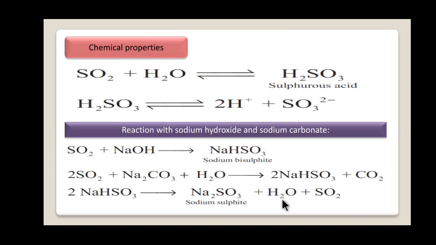It dissolves in water to give sulfurous acid. When sulfur dioxide reacts with water, it gives sulfurous acid, which dissociates to give H+ and SO3 2-. This is a chemical property because it is an acidic oxide.